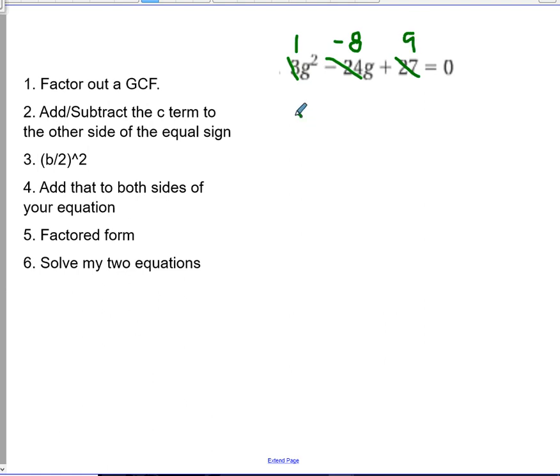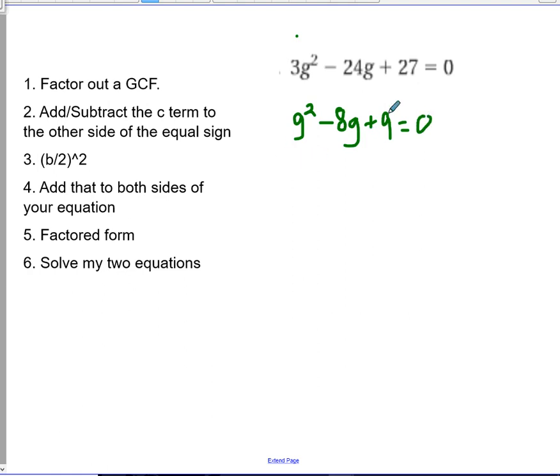So my new equation is g squared minus 8g plus 9, and I'm just going to go like this so you can see the original equation, and that equals 0.